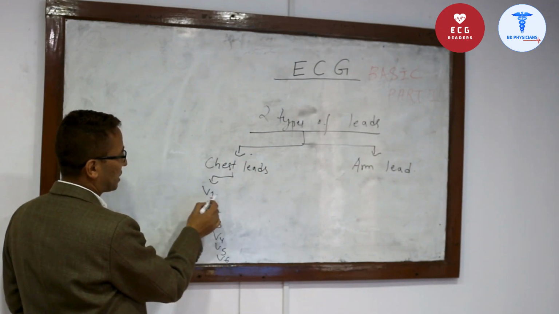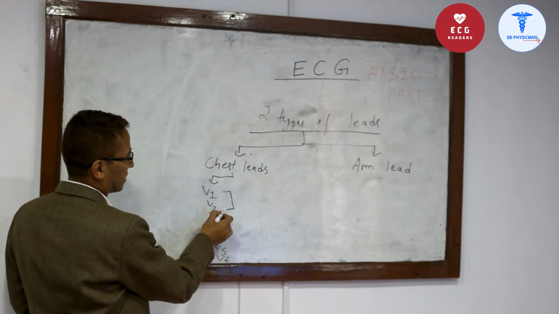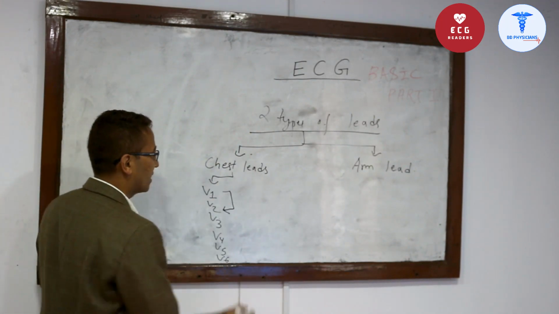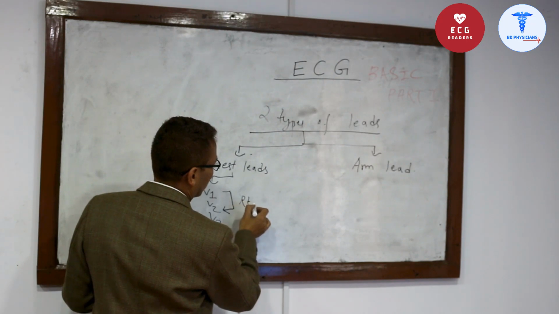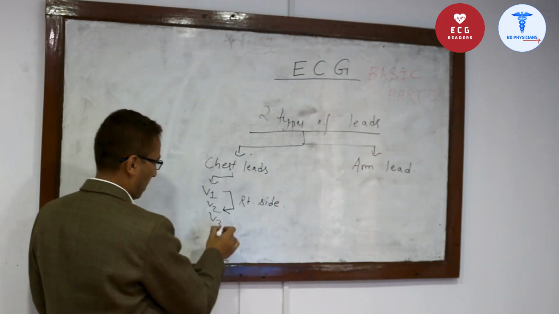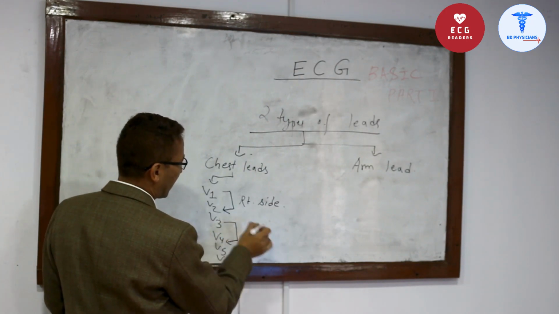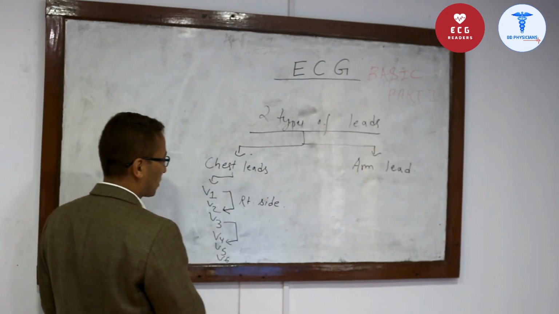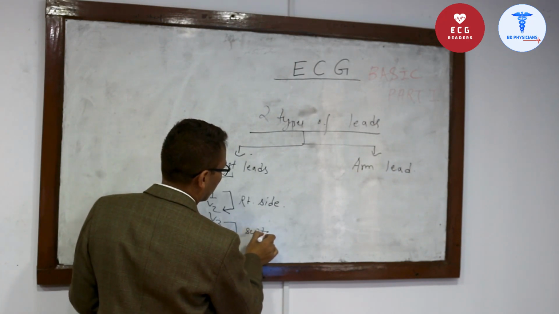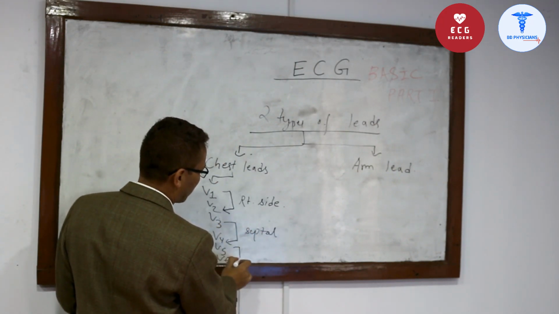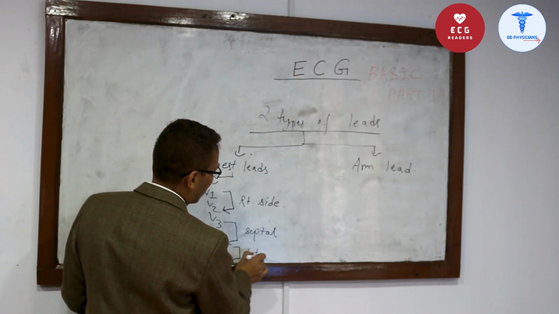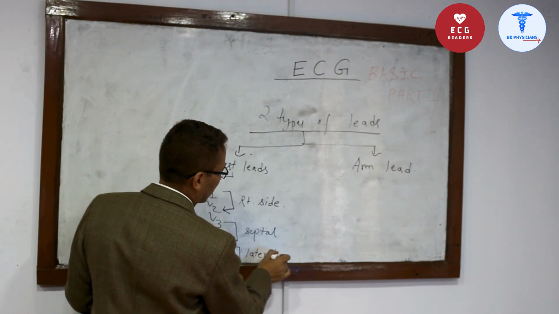Among these, V1 and V2 look at the heart horizontally from the right side. V3 and V4 look at the heart from the septal side. V5 and V6 look at the heart from the left lateral side.